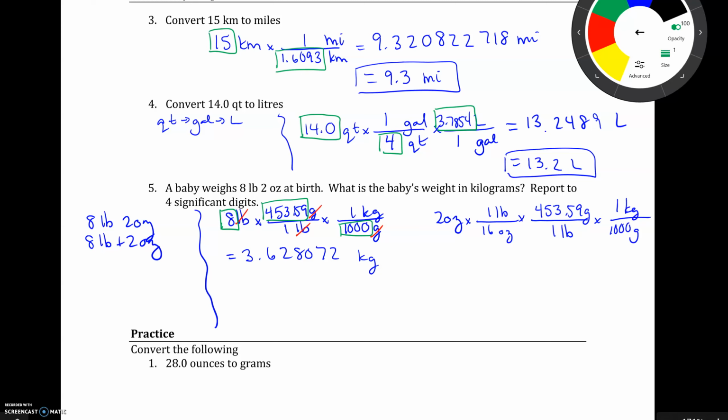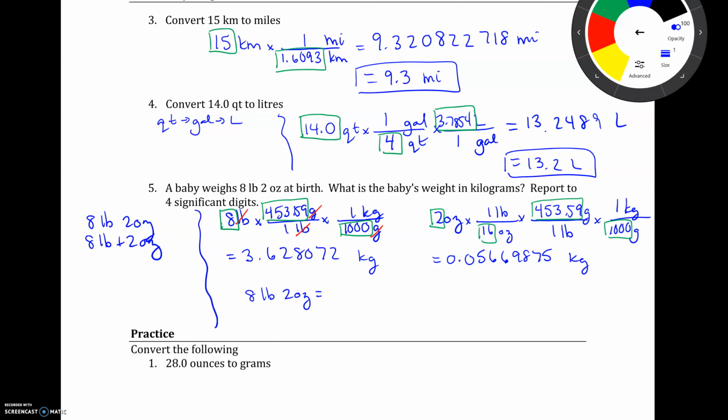When I enter it into my calculator, I'm going to do 2 divided by 16 times 453.59 divided by 1,000, press equals, and it comes out to 0.05669875 kilograms.